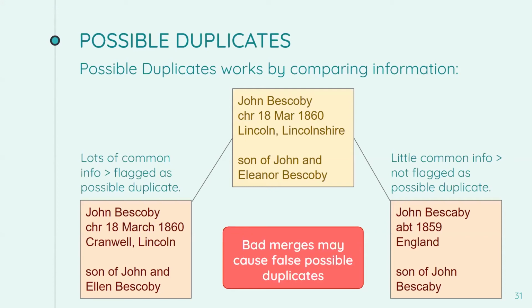So it ends up not really being a duplicate, if that makes sense. My point is it's super important to be careful when considering possible duplicates and make sure that the two records really do represent the same person before merging them.